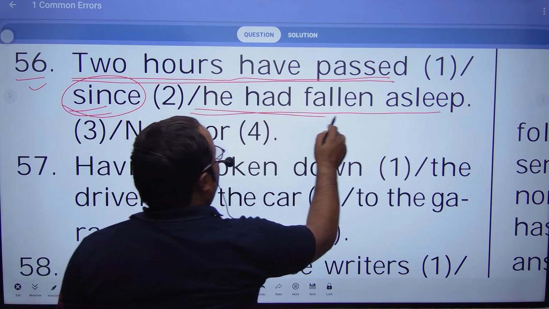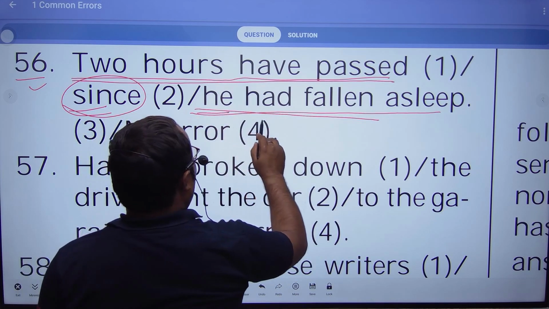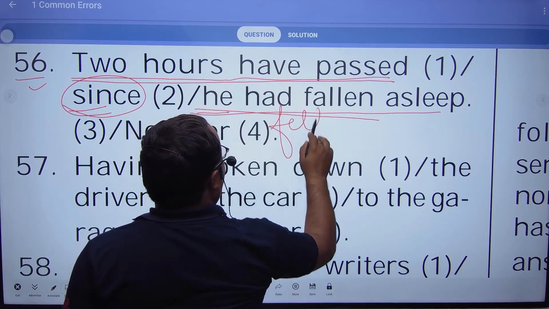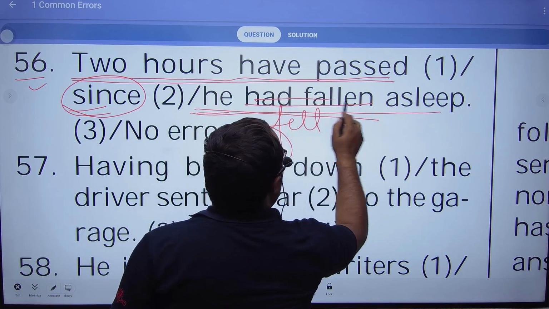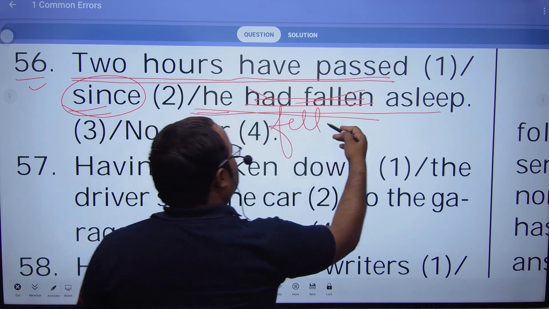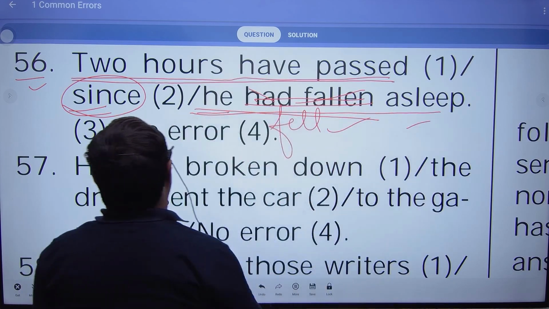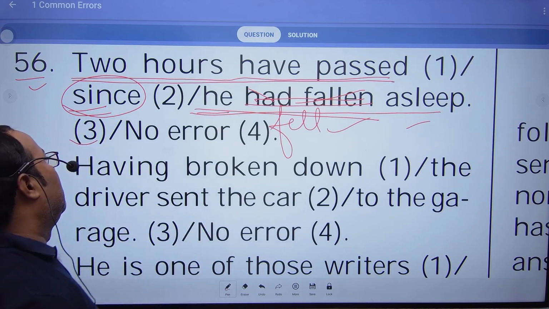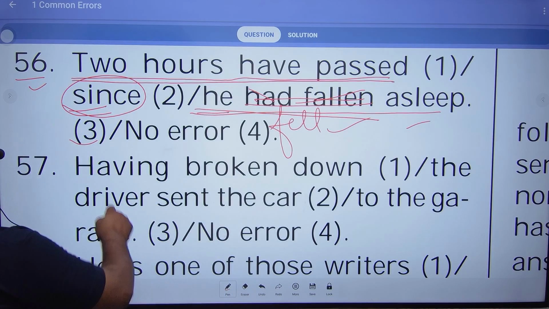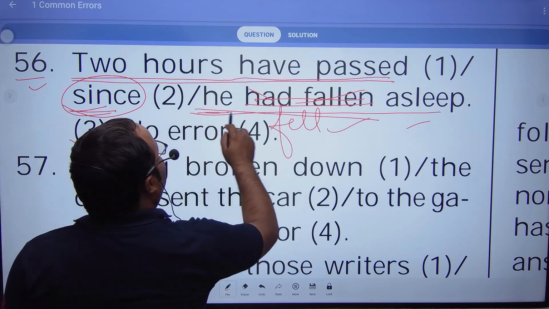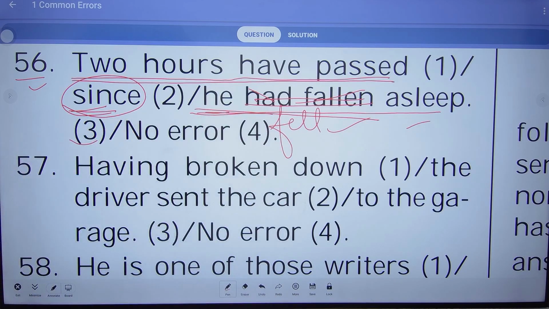Past indefinite का प्रयोग करते हैं. तो "he fell asleep" must be used. He fell asleep is the right answer. So the error is in the third section, because since के साथ जो बाद वाली clause आती है past indefinite होती है.